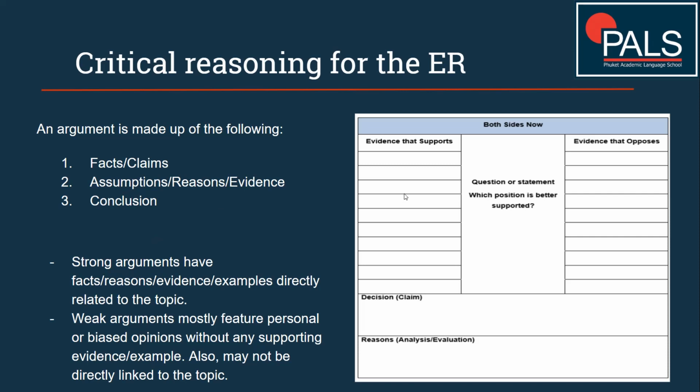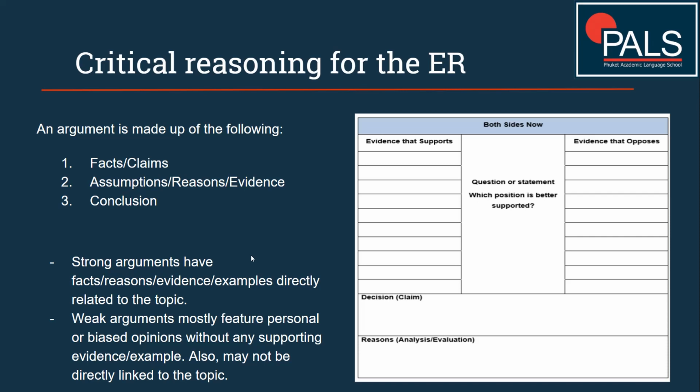So your job as the extended response student is to figure out, when you have all of the information written here and all of the information written here, which of the two you think contains more of the facts, reasons, and evidence and examples, rather than biased opinions or personal opinions.